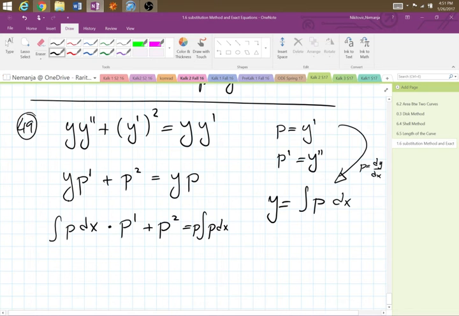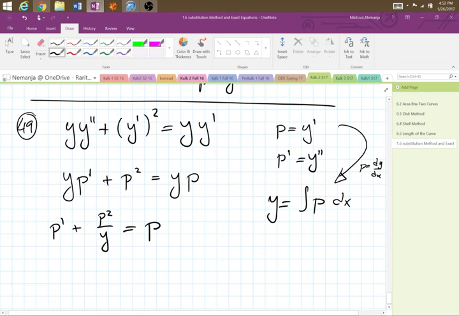So y p prime plus p squared is y p. Oh, if I divide through by y, then I have only one y with its one integral. Hold on. So if I divide through by y, I have p prime plus p squared over y is equal to p. Much better, right?